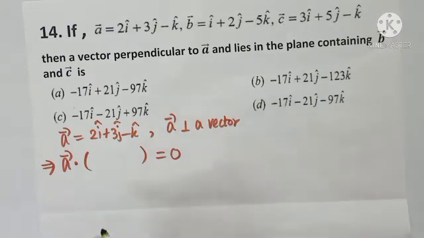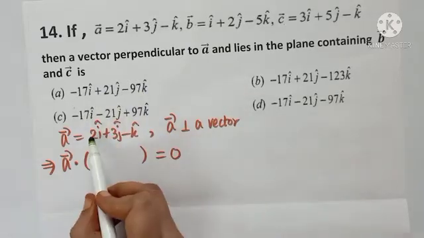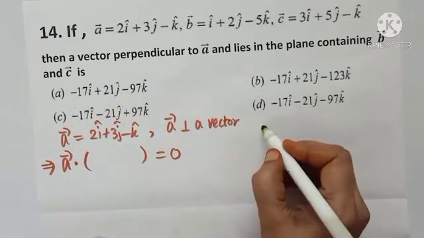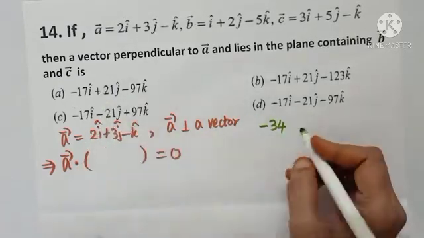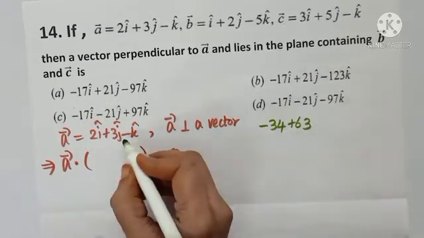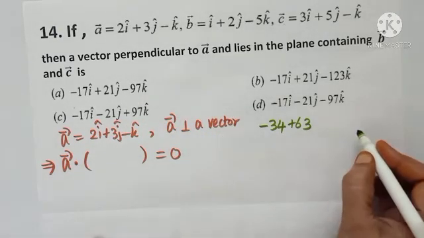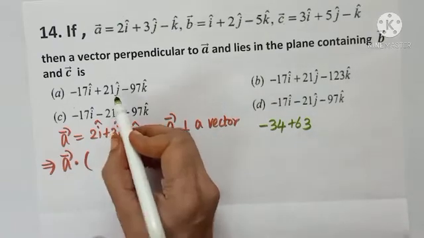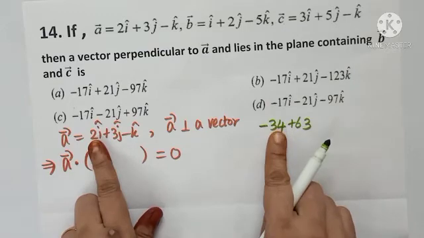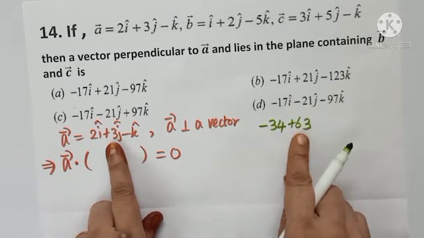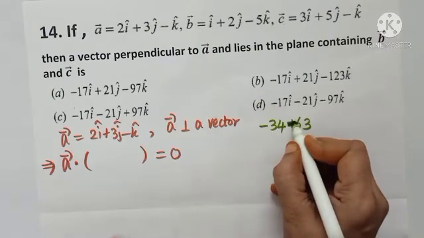Let us find out. A dot this first option. 2 into minus 17 is minus 34. 3 into 21, 63. Minus into minus plus 97. That will not give me 0. So check this option. 2 into minus 17, 3 into minus 21 will give me minus.